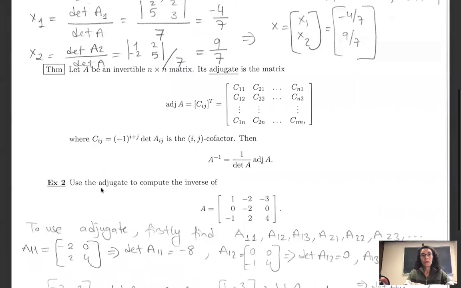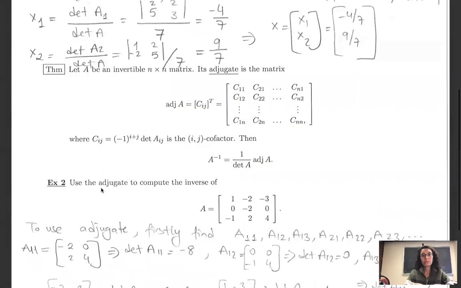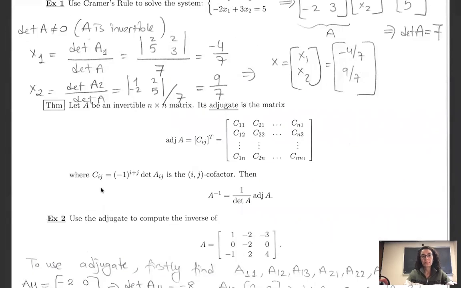Okay, and I guess this will be the last definition of determinants. So for an invertible matrix, you can always define the adjugate of this matrix. What's the adjugate? We will denote the adjugate of a matrix by ADJ.